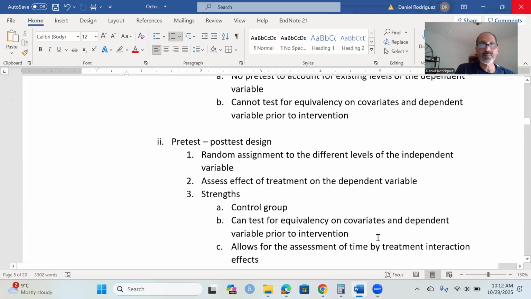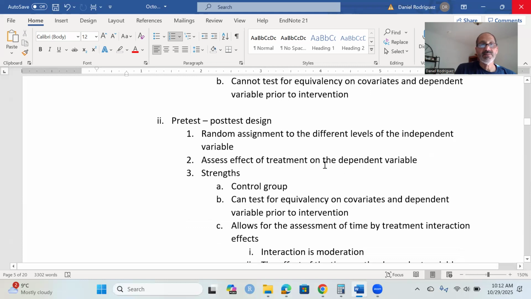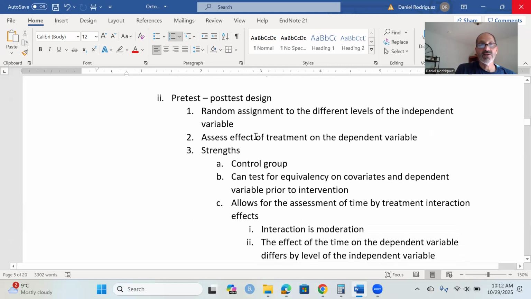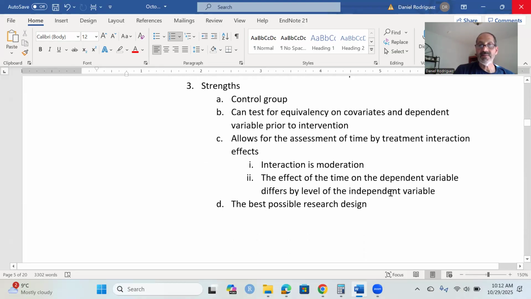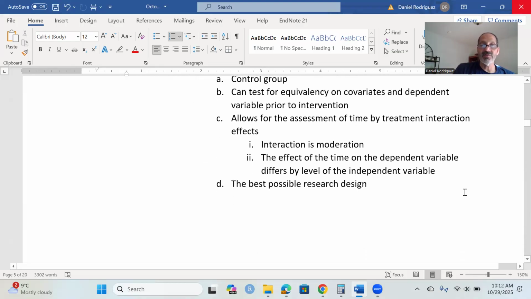administration of the treatment. The pretest, post-test design, this is what we really want to do. You have random assignment to different levels of the independent variable. You assess the effect of treatment on the dependent variable. Perfect, right? You have a control group, can test for equivalency on covariates and the dependent variable prior to intervention, and it allows for the assessment of time by treatment interaction, which is really what you want to do.